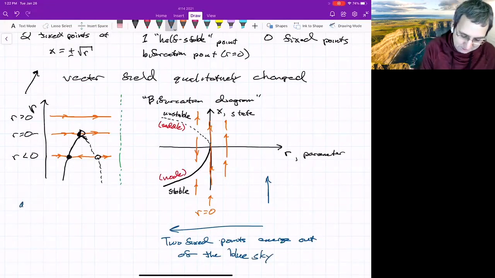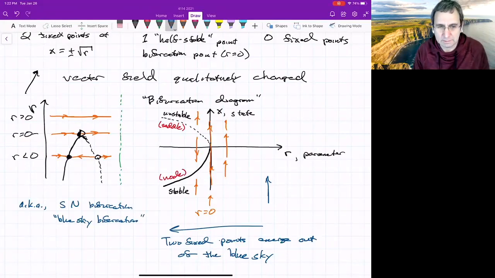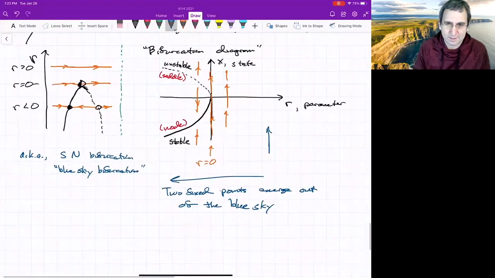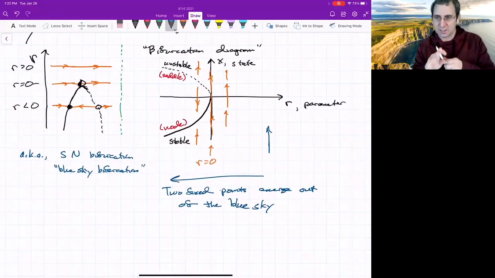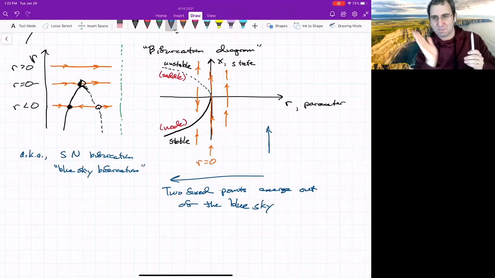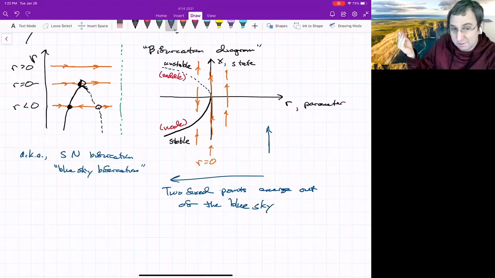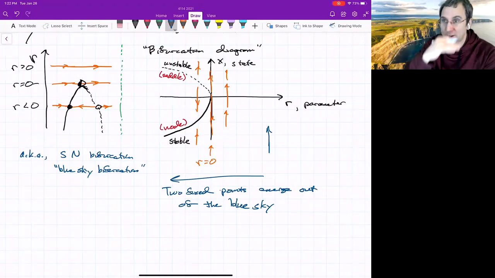In fact, in addition to being a SaddleNode bifurcation, it's sometimes called a blue sky bifurcation. And other names like a fold bifurcation, because it looks like the family of equilibrium points or fixed points is folded, or turning point, because again, they turn.